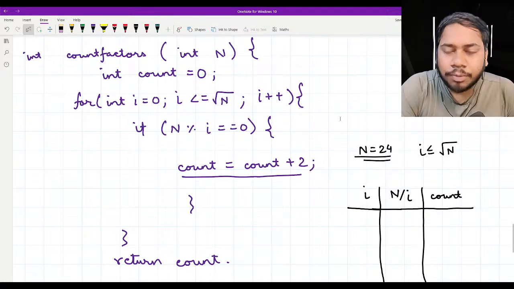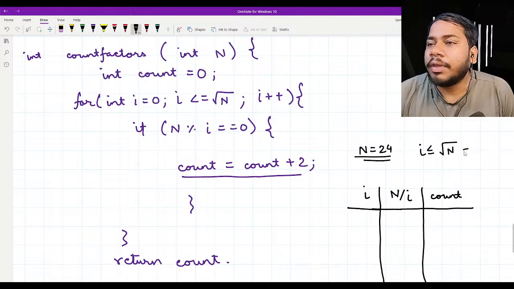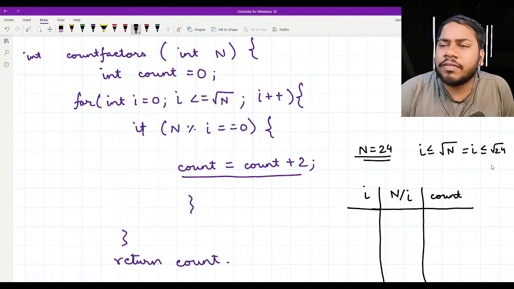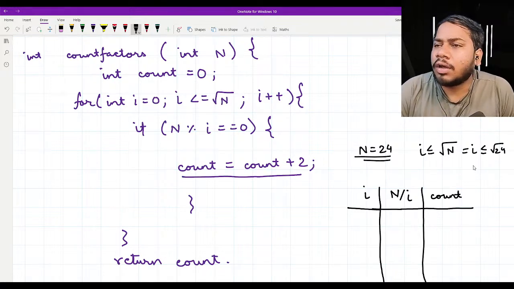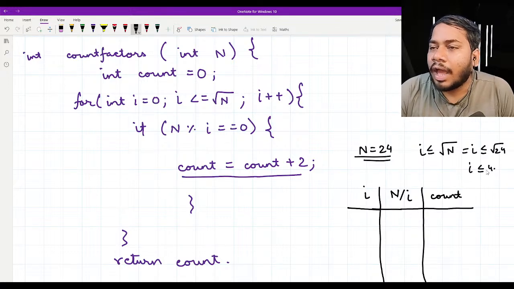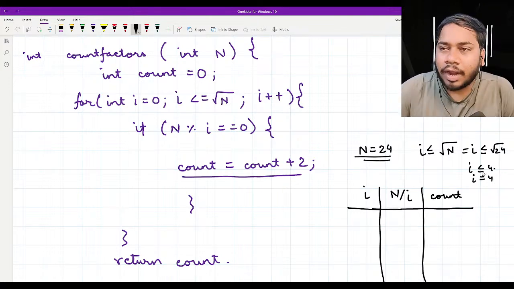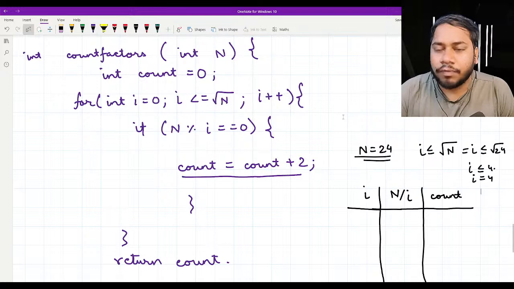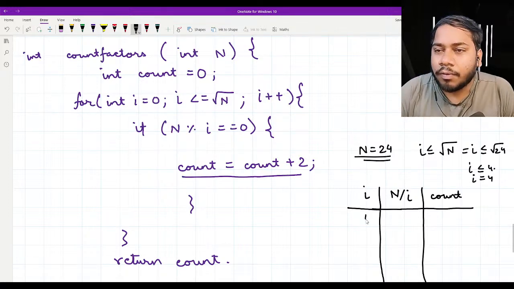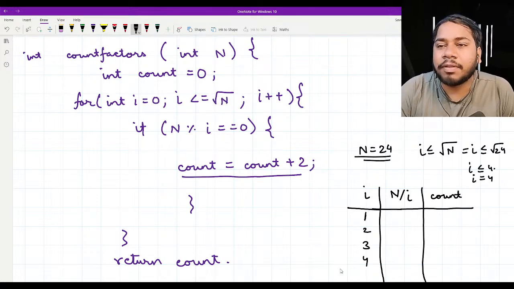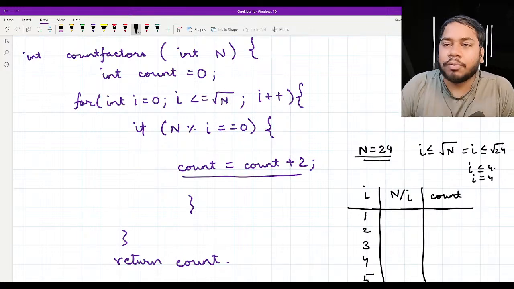That means I should be less than equal to root 24. So that will be something around 4 point something, and I is an integer, so I will be 4. So it will go 1, 2, 3, 4, and it will do I plus plus again, so it will go till 5. I will show you how.